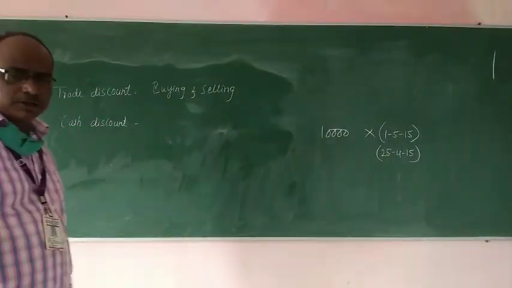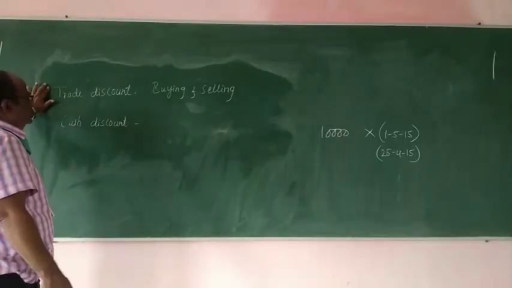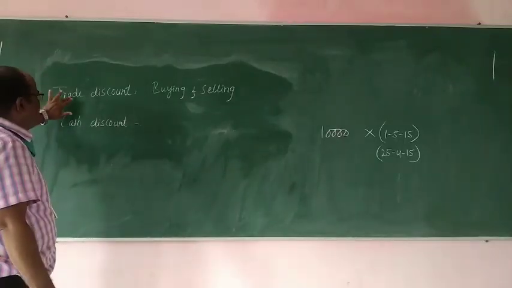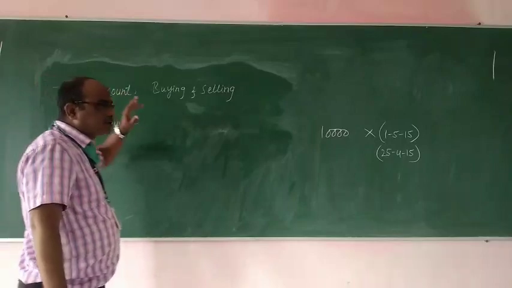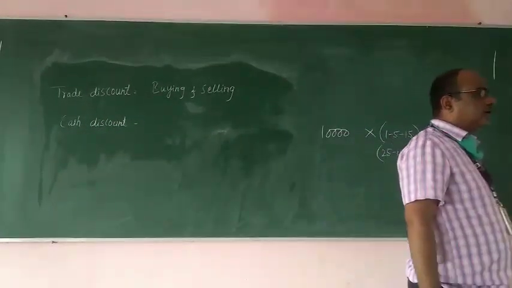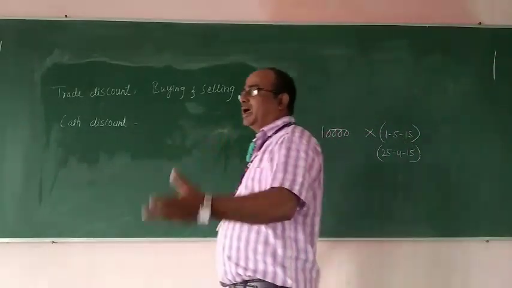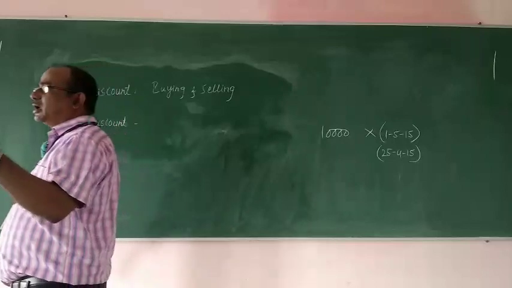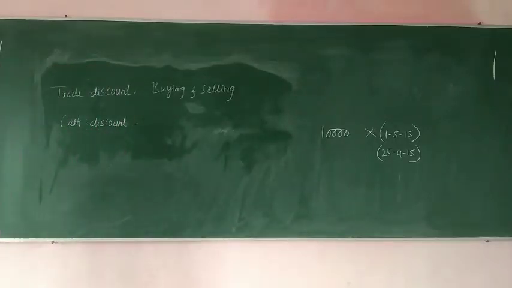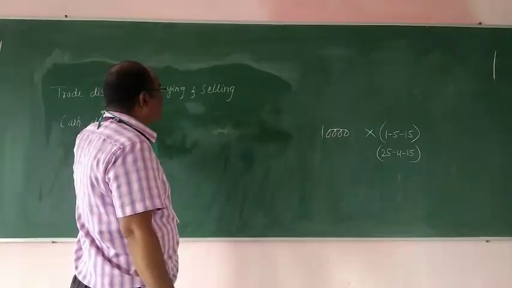Once again, listen students, there are two types of discount. One is trade discount, one is cash discount. Trade discount is concerned on purchase and sale of goods. For example, if you are purchasing in bulk from any supplier and if he is allowing you any discount, such discount is considered as what?